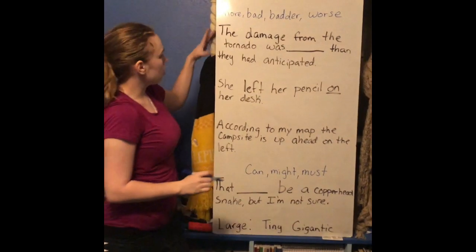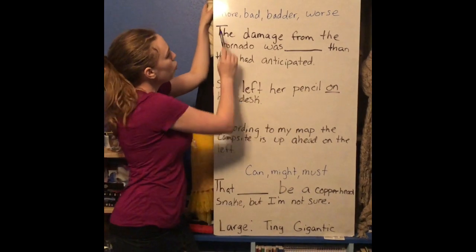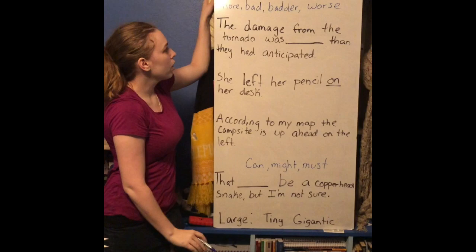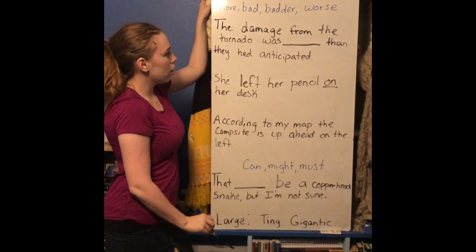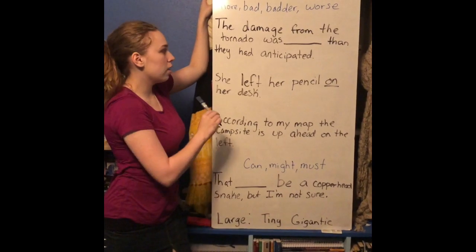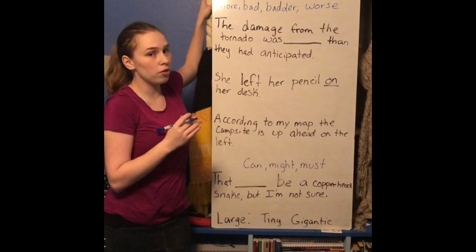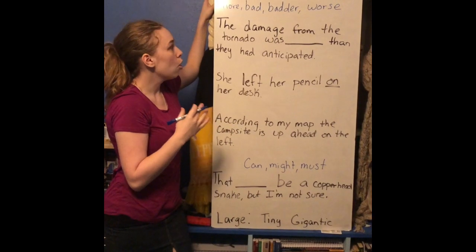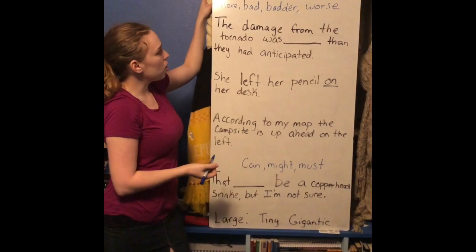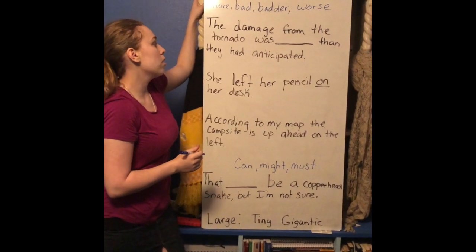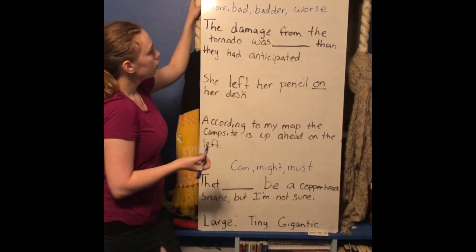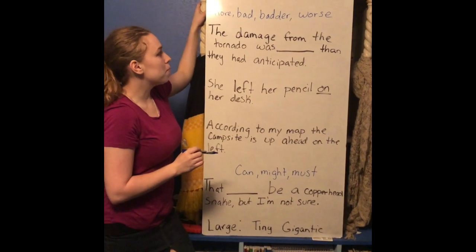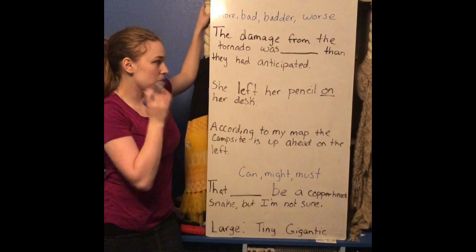Now the second sentence is asking which of these words fit best in this blank spot. The damage from the tornado was blank than they had anticipated. So for this one, I'm just going to fit in each word and see which one works the best. The damage from the tornado was more than they anticipated. That might work. The damage from the tornado was bad than they had anticipated.